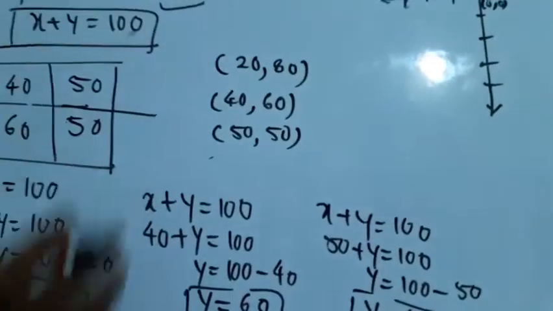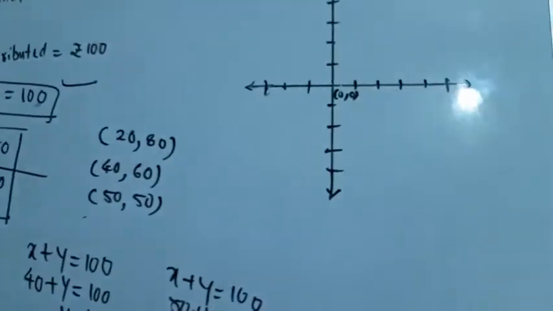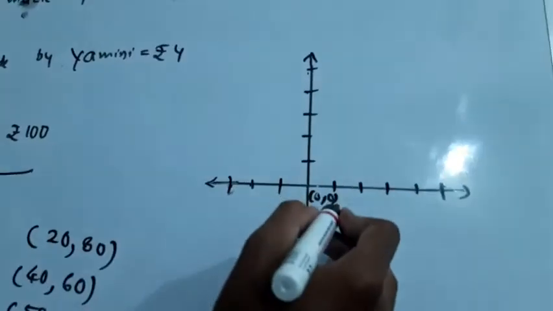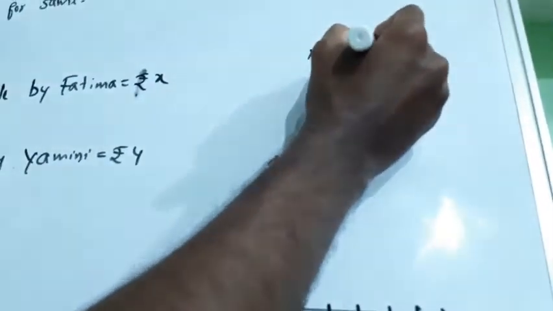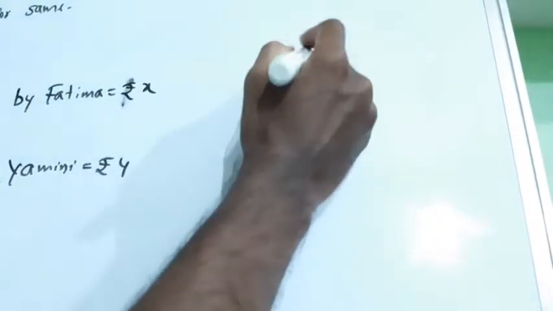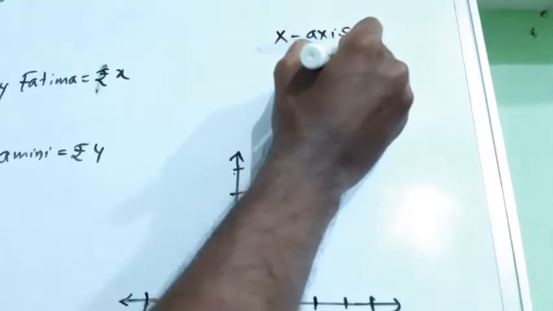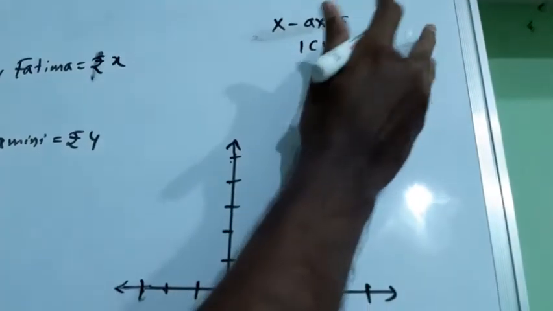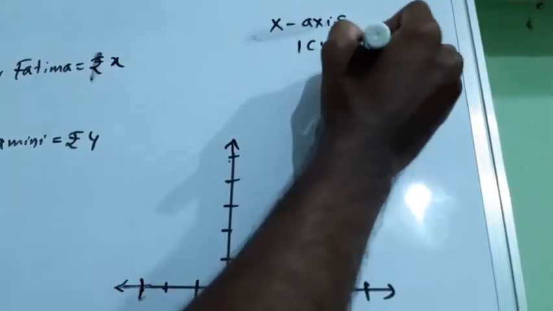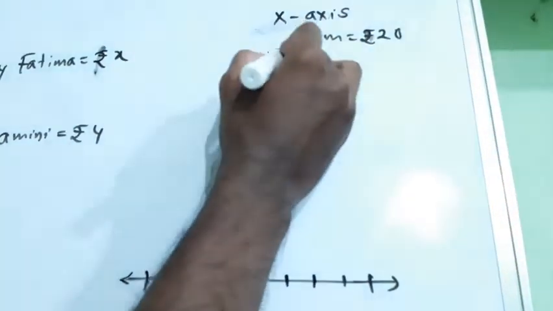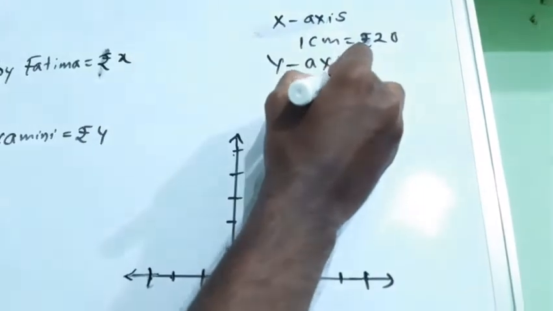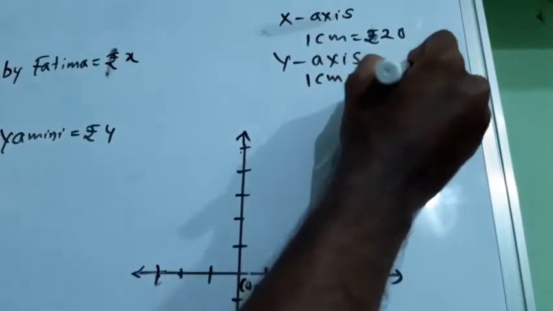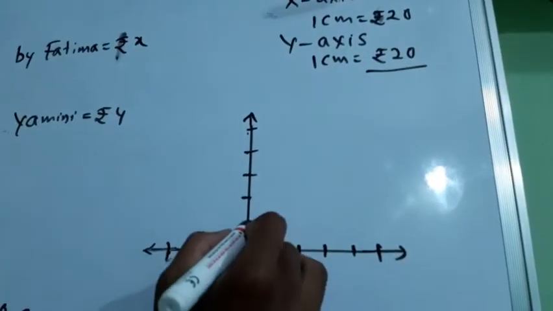Now I am going to plot this on the graph. For the x-axis, I am going to consider 1 centimeter equal to 20 rupees. Same for the y-axis, 1 centimeter is equal to 20 rupees.